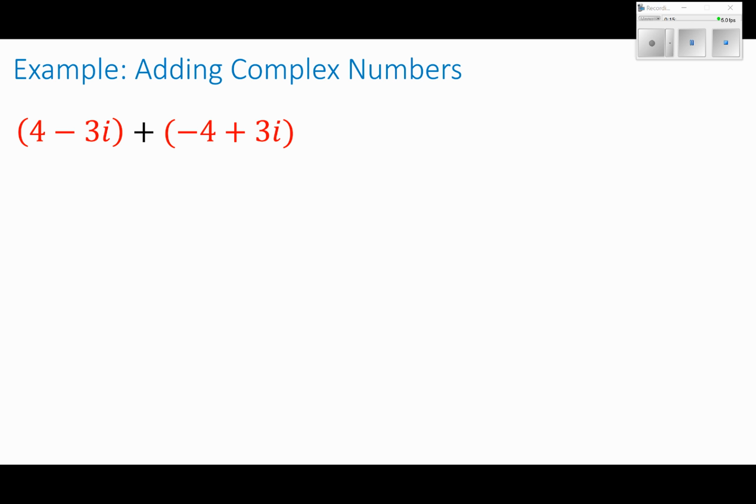The parentheses are simply separating our two complex numbers from each other. So 4 minus 3i is one complex number. 4 is the real part, 3i is the imaginary part. So this first set of parentheses is one complex number. So I'm doing one complex number plus another complex number.